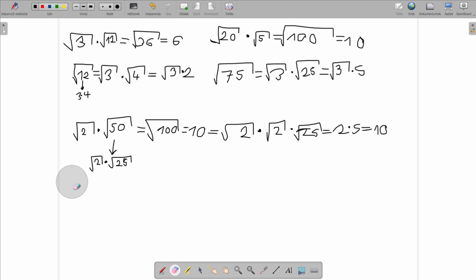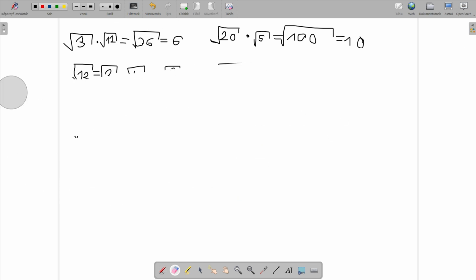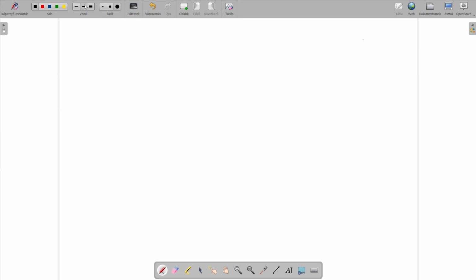Now, some other problems that we might face. I'm just going to erase the board and write up something. So, what if we have something like 2 times the square root of 10 times the square root of 5.